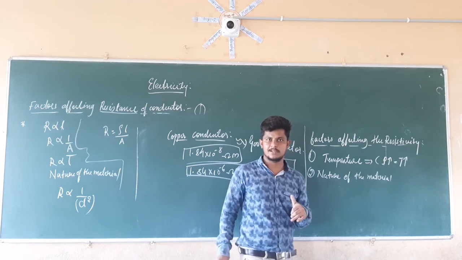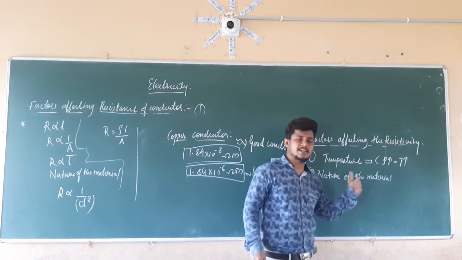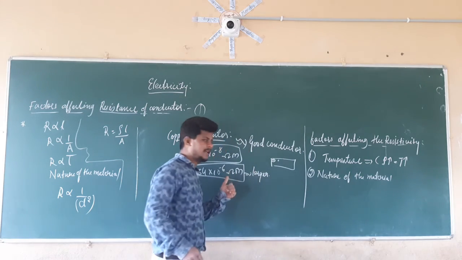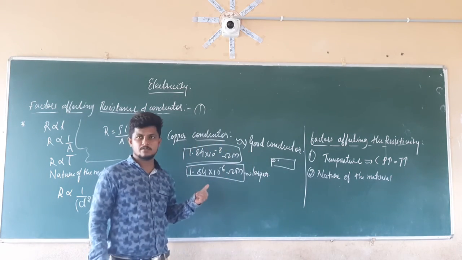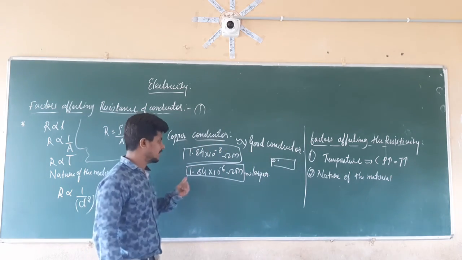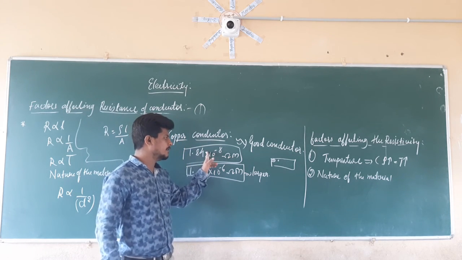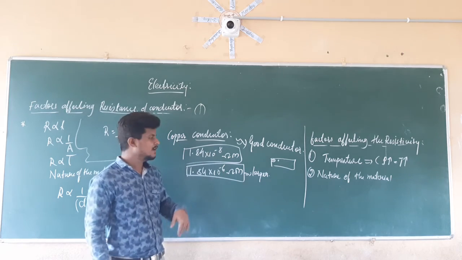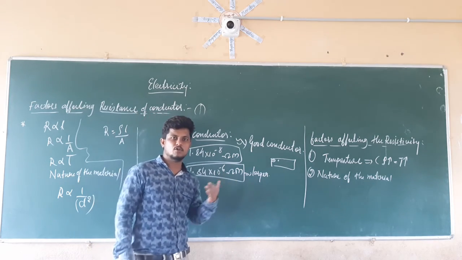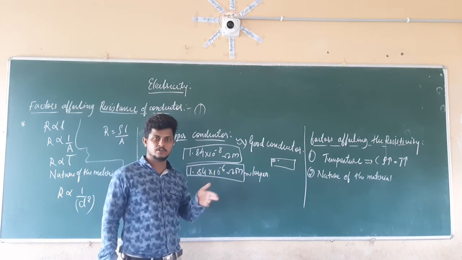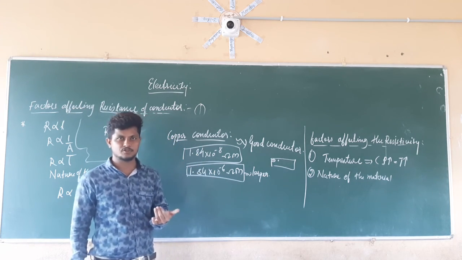What will happen if I change the material? Already I have two materials here. One has 1.84 × 10^-8 ohm meters, another has 1.84 × 10^-6 ohm meters. If you change from the first material to the second material, the resistivity is going to change. If I use copper, the resistivity is 1.84 × 10^-8.